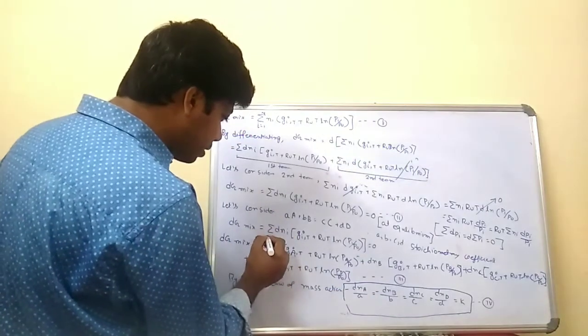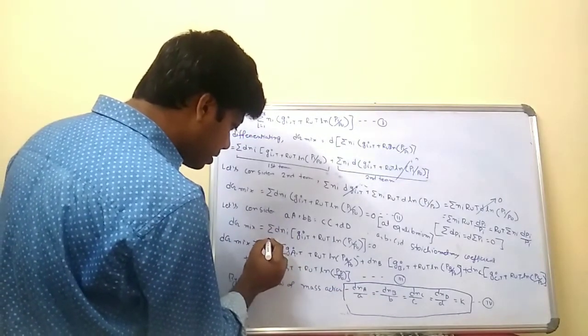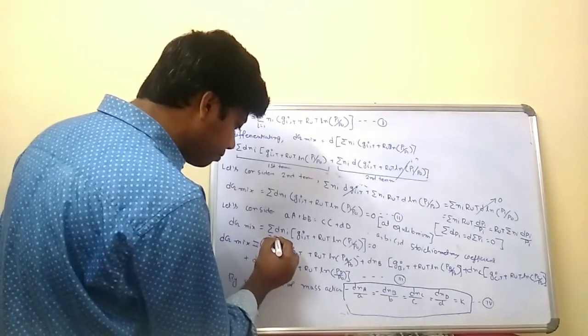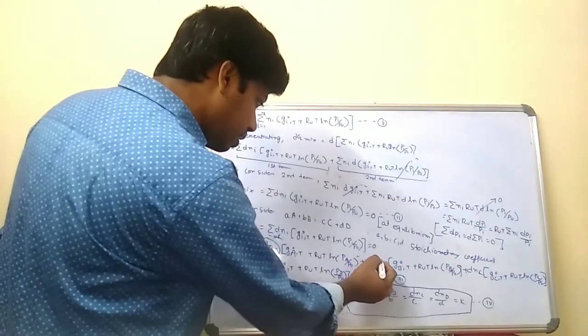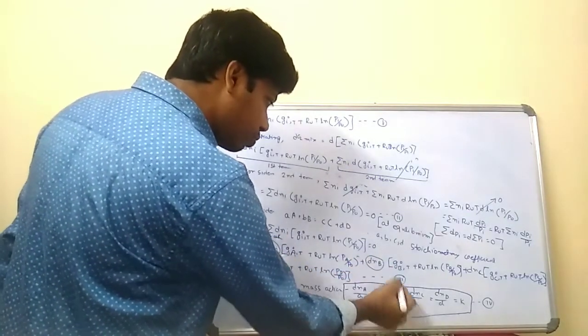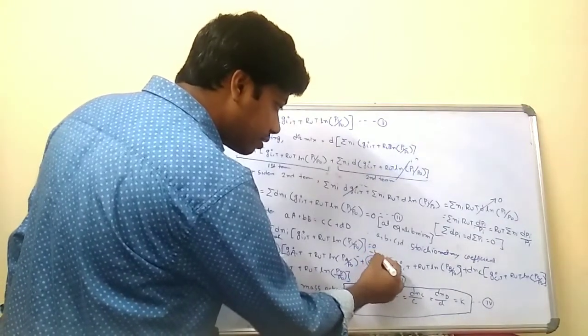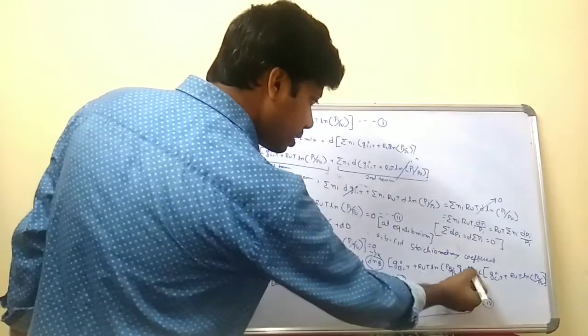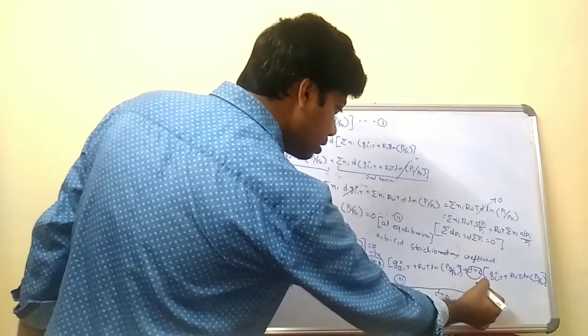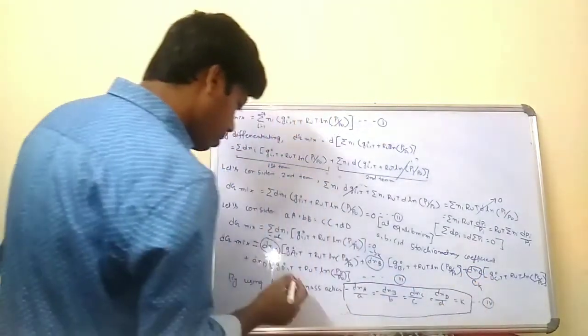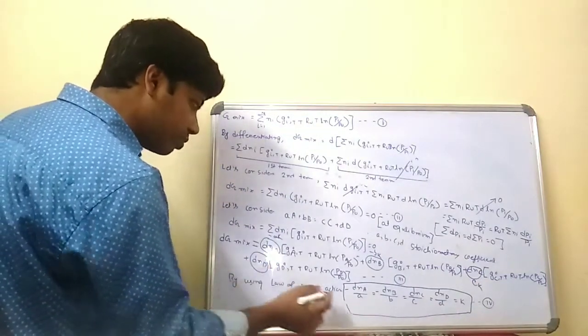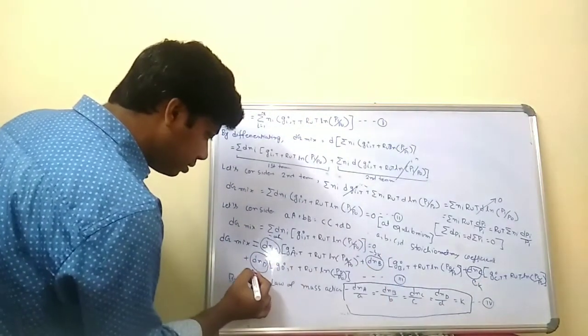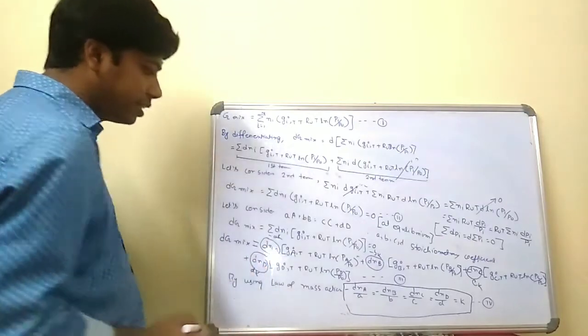In the next line, in terms of dNB, it is also minus bk. And in terms of dNc, it can be written as ck, and dNd can be written as dk.